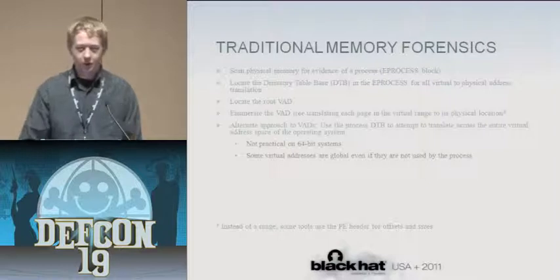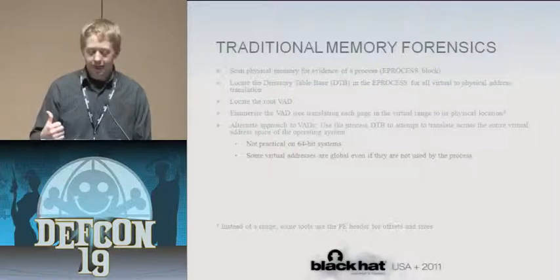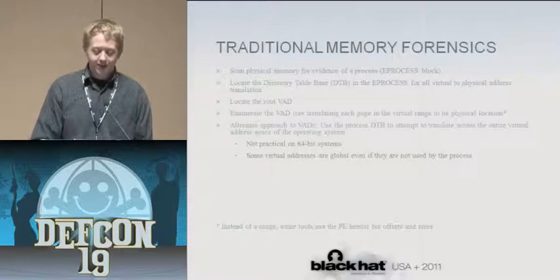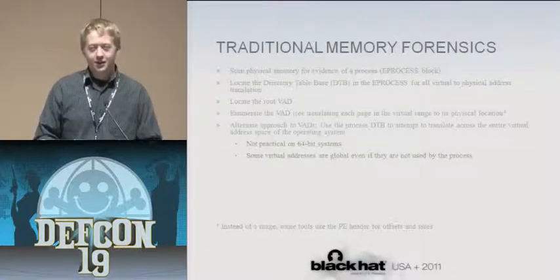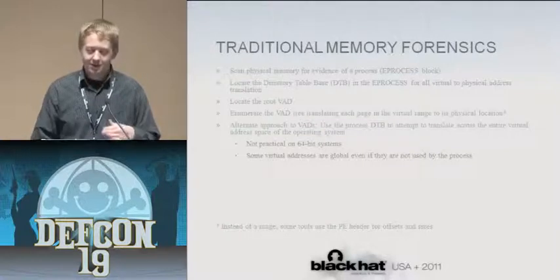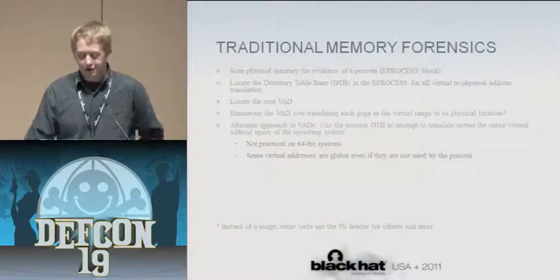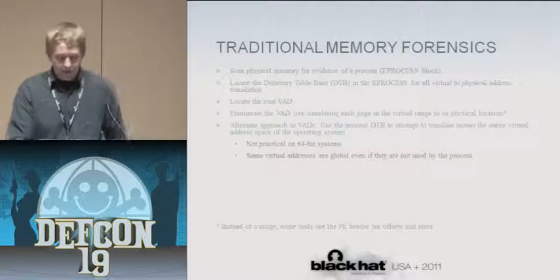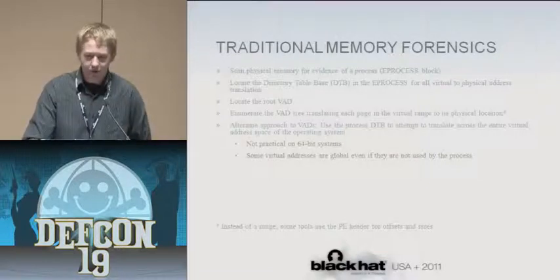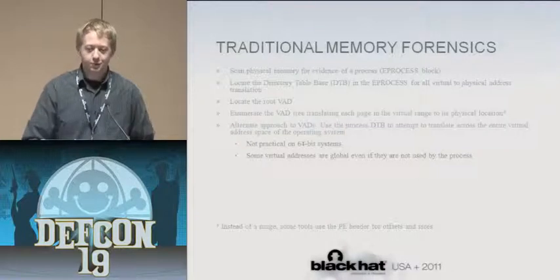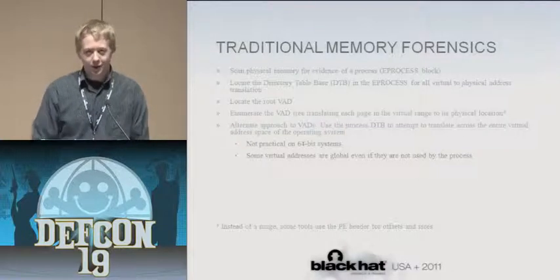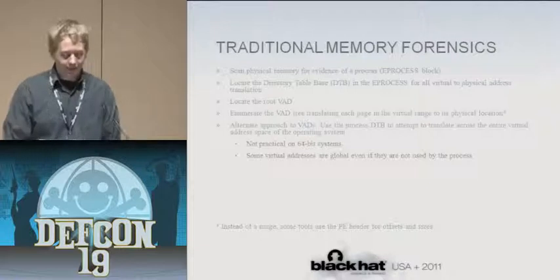From there, you locate the root of the VAD tree and step through the tree, translating the virtual addresses to physical, usually starting with the starting address, taking the size, and grabbing all the data in between. Some other tools also utilize information about the PE headers to reconstruct the executable with their knowledge about the different sections inside.